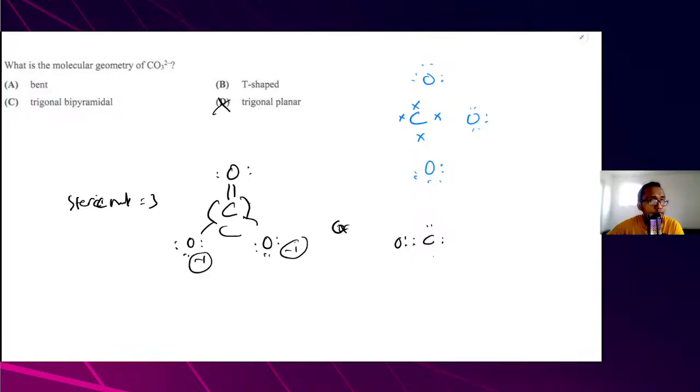So for option 2, bent with the two bonding groups. Trigonal bipyramidal happens with 5 electron domains, kind of like PCl5, right? T shape is kind of like with the 3 bonding groups, and then it has two lone pairs.